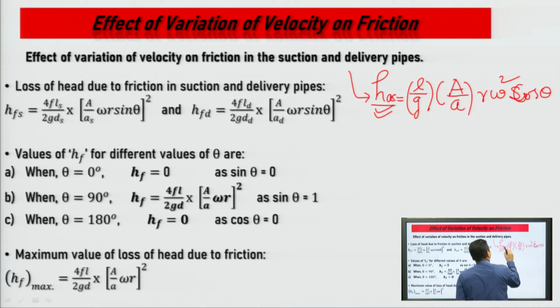If this is the suction pipe, the length becomes Ls and the area becomes As, so H_AS has the same r omega square cos theta.